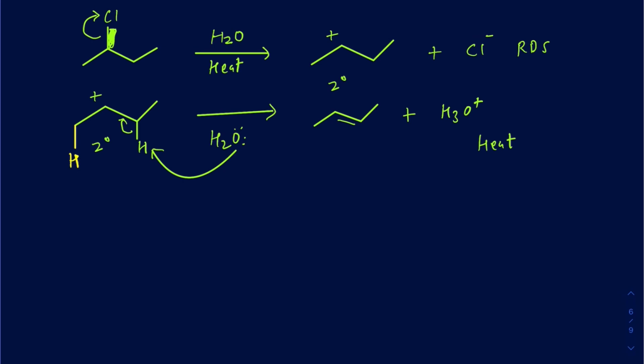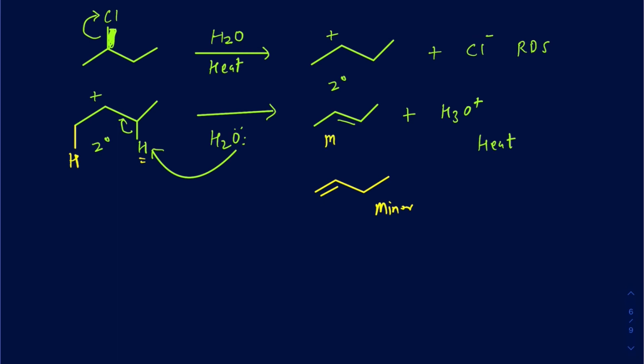That's going to be the beta, and you've got this other one, the green one, that's another beta. So you have a possibility of making two products. If you remove the other proton, you're going to be making another product, which is going to be your Hoffman product. But remember, this is going to be the minor in that case.